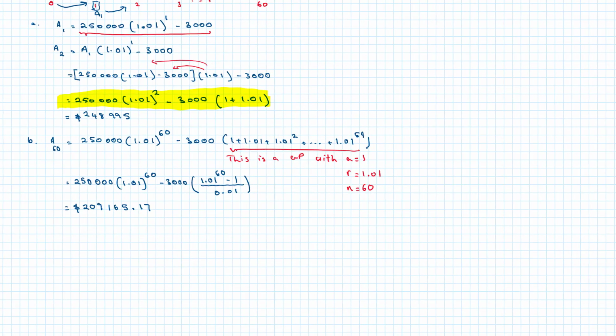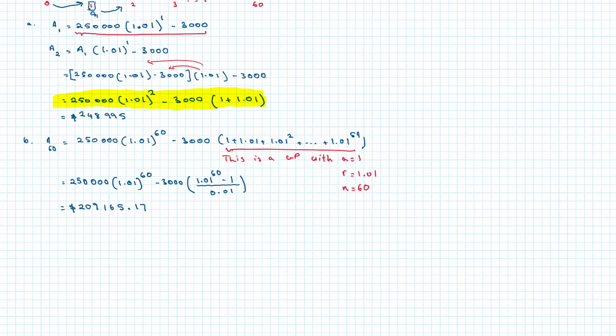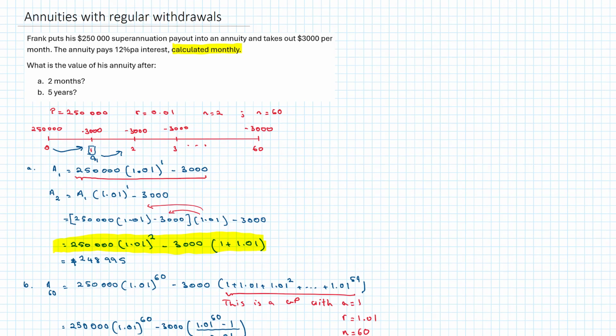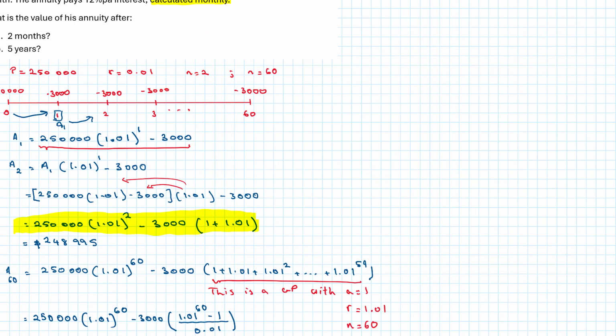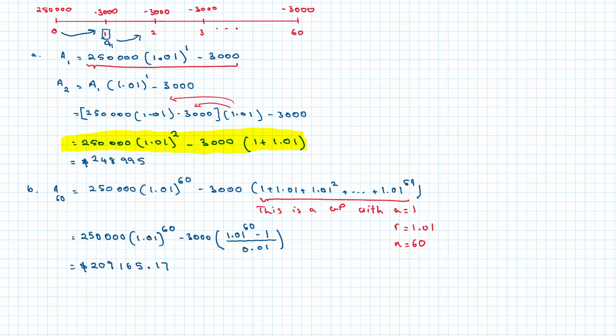So that's sort of a reverse superannuation, or well, it's an annuity but with withdrawals. You can see, unlike the annuities we did before, the calculations and the process are more similar to a home loan repayment rather than an annuity calculation.